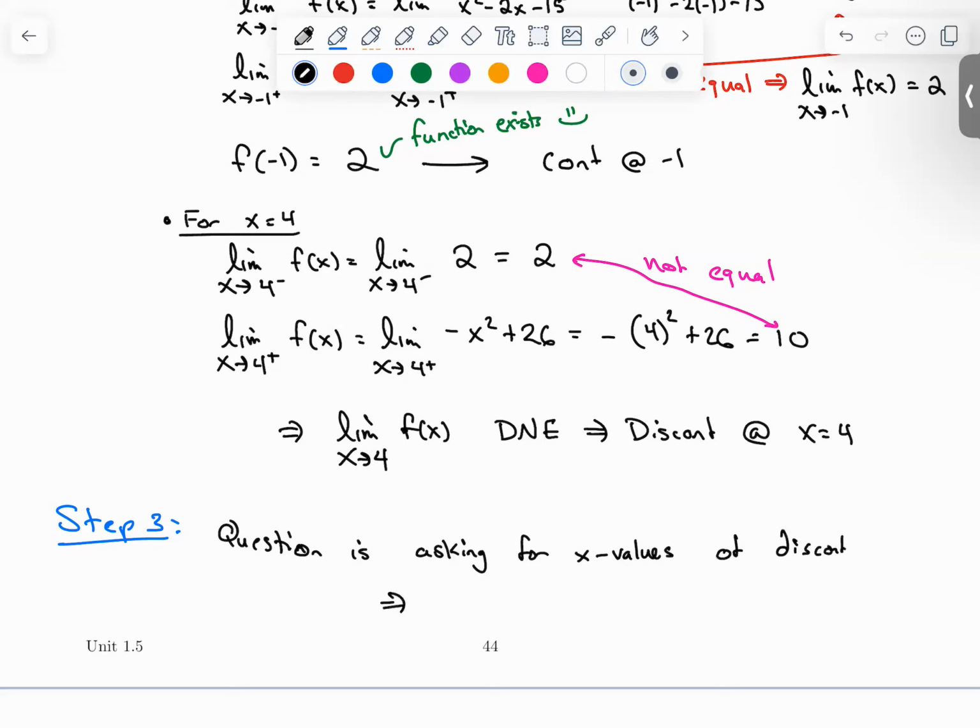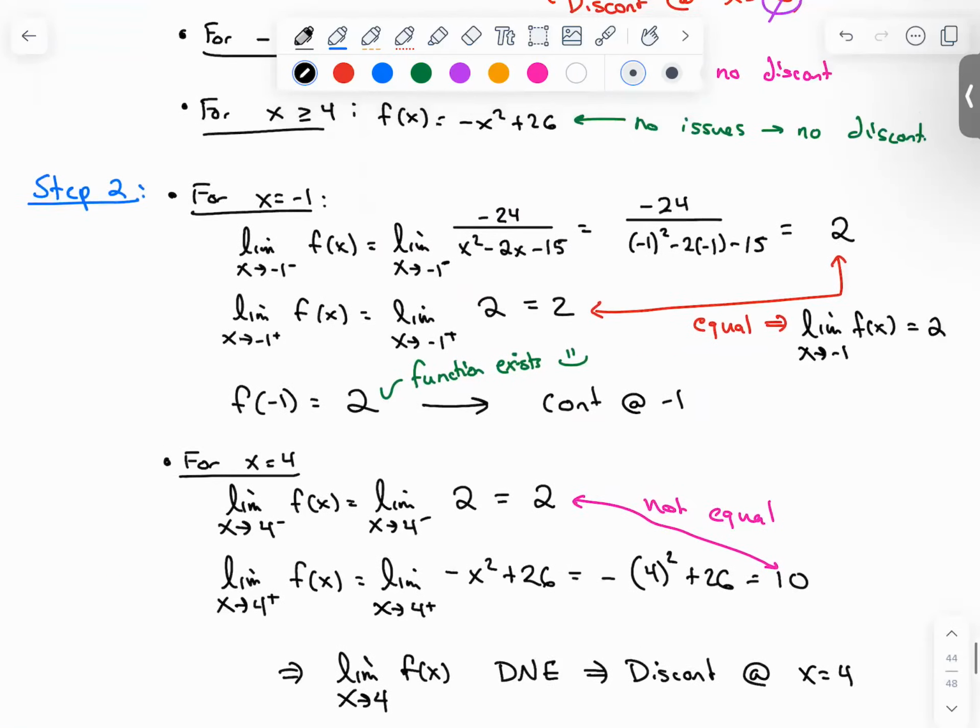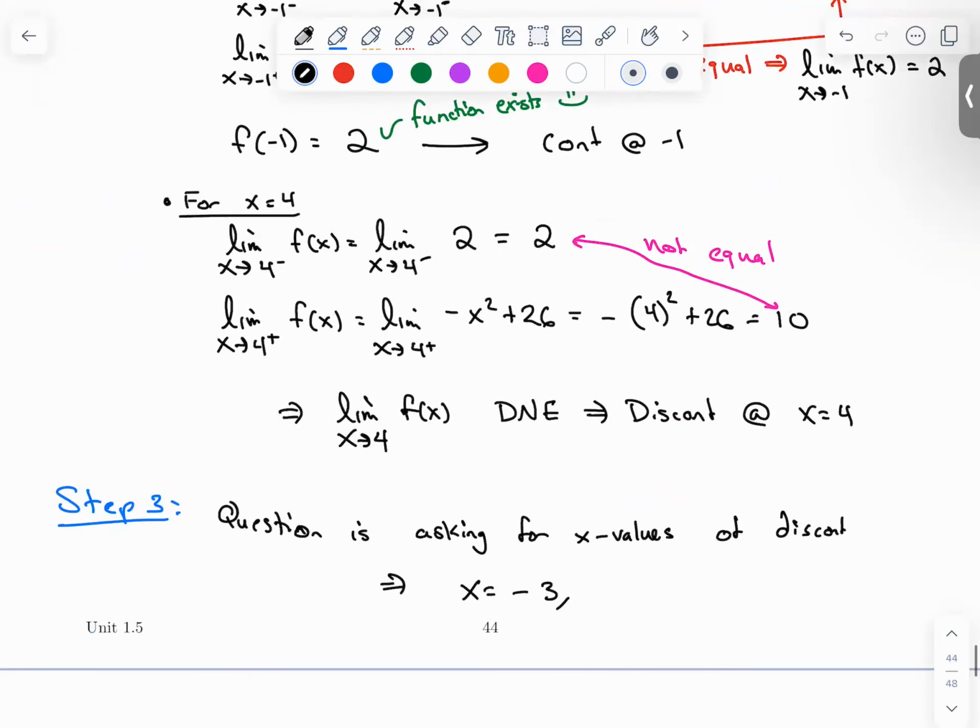So the answer should just be x equals -3 and then -1 from the secondary piece. And that's it. That's our answer.